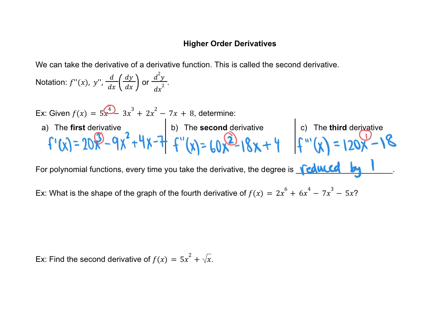So if I have a function that is to the power of 6, so a degree 6, and I want to know the shape of the fourth derivative, well, every time I take a derivative, the degree drops by 1. But if I'm taking 4 derivatives, it's going to drop 4 times, which means the fourth derivative will have a degree of 2, which means it will be a parabola.